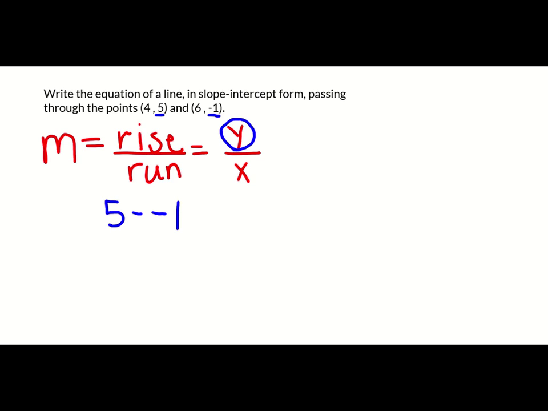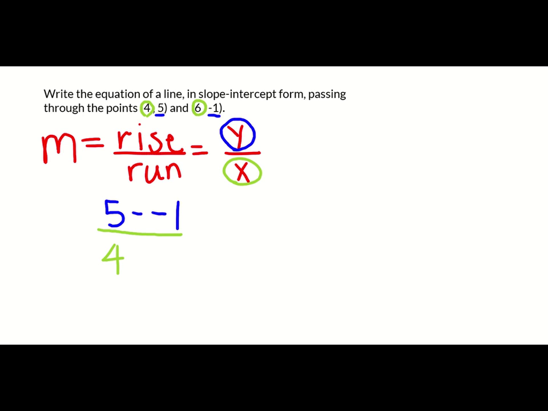And once you have your y values, then you want to divide that by your x values being subtracted. So our x values would be the first number at each point because points are written x, y, and we're going to subtract them the same order from left to right, just like we did with the y values.